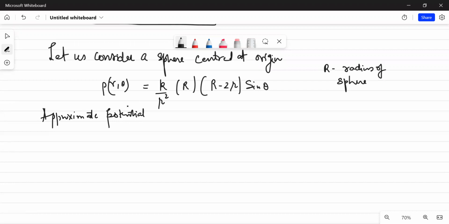I want to find the approximate potential at a very far away distance along the z-axis. Okay, so I'll give you a minute so that you can think about it, and then I'll start.